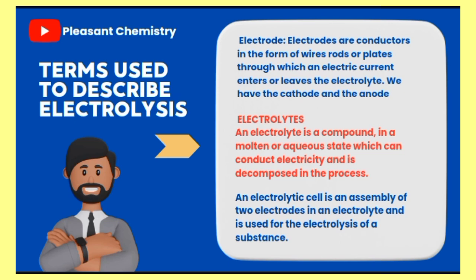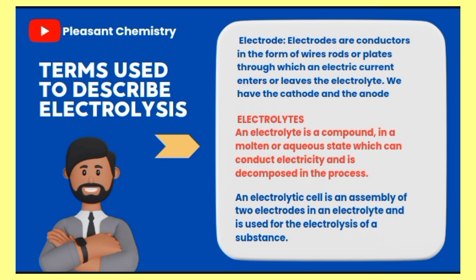Majorly, we have two types of electrodes, or two terminals of the electrodes. We have the cathode terminal, and then we have the anode terminal. When I was introducing the class, I told us that for electricity, the cathode is the positive terminal, whereby the anode is the negative terminal. But in the electrolytic cell, they just interchange.